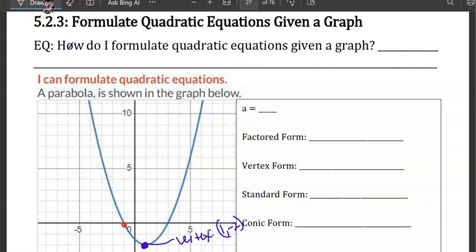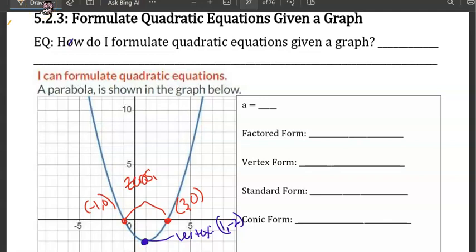We want to also find our zeros: -1, 0, and 3, 0. And then we also want to find our y-intercept. Looks like it's at 0, -1.5.